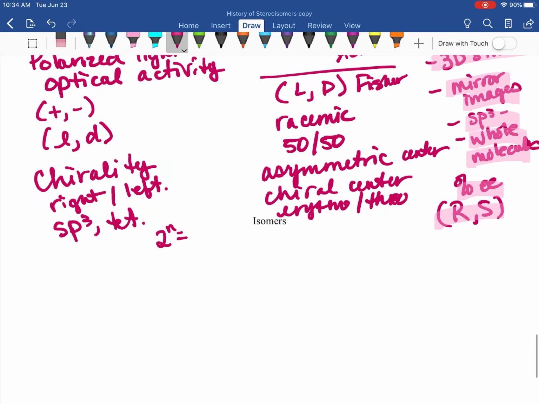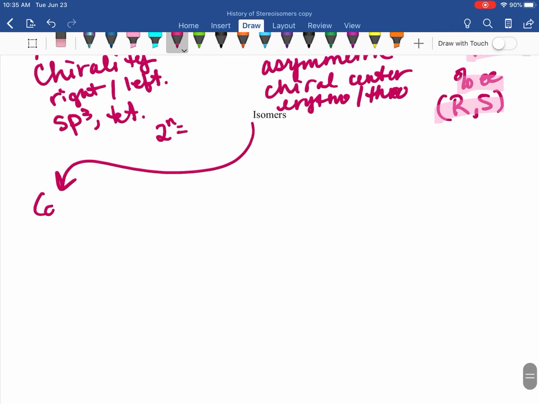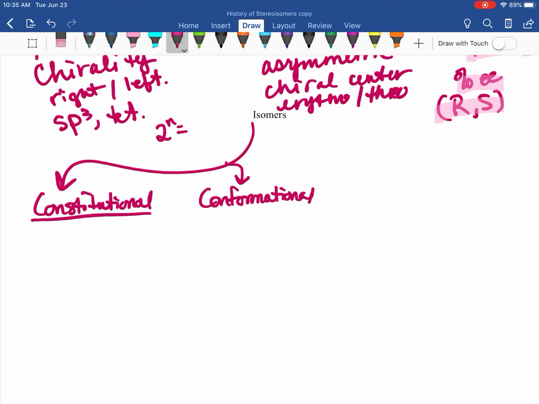Let's put it into our isomers table. All right, we've got constitutional. We've got conformational. And then here's where we're growing, configurational.